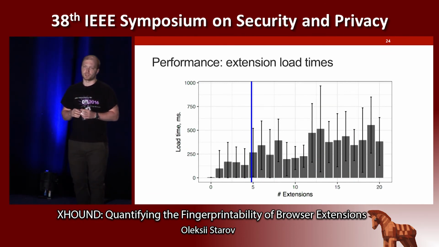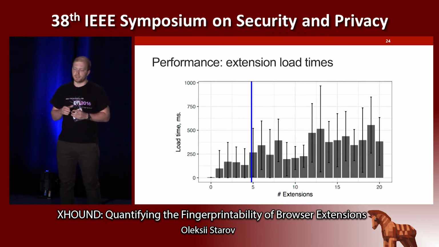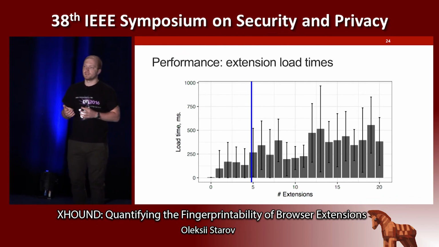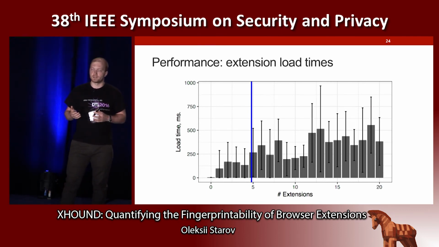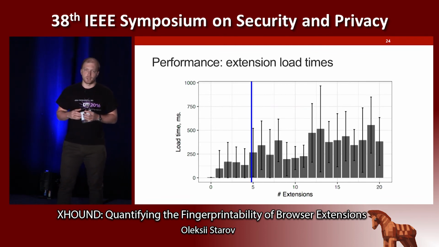It's extension load times. So basically, it means how much time is needed for all extensions being active in the browser to reveal themselves, to introduce visible modification after web page load. Of course, if you have many extensions in the browser, the assumption is that they introduce modifications slower.